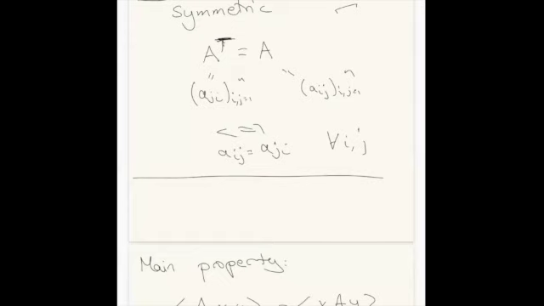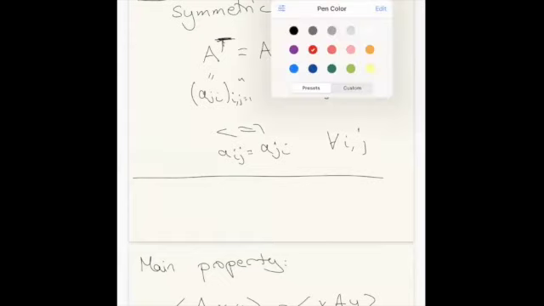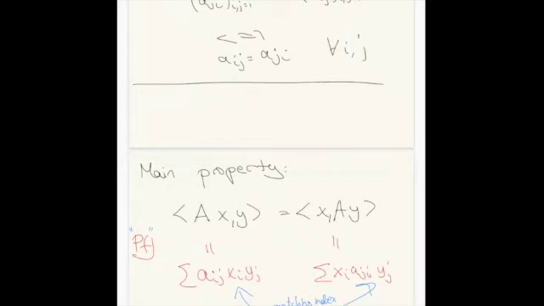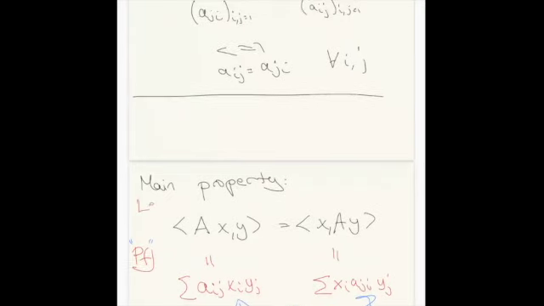Now in practice, what this means and how you use it, the basic lemma, is that if A is symmetric, then the inner product of Ax with y is the same thing as the inner product of x with Ay. And this is actually an if and only if, so it goes both ways. Sometimes this is used as the definition of being a symmetric matrix.